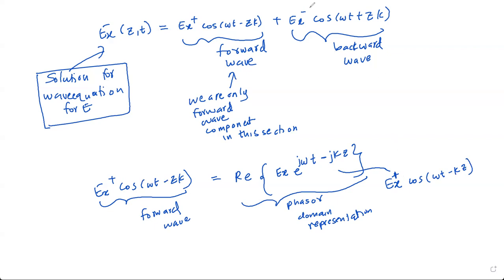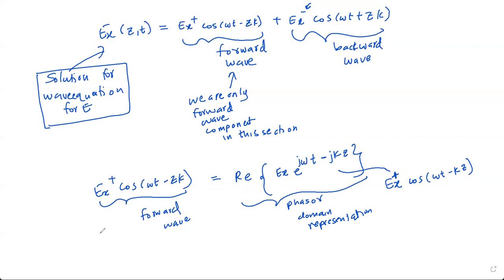In here, I would put the minus sign if the wave were going in the backward direction. So I add this plus sign to show that it is the forward going wave component. We use this phasor domain representation to denote one component of the electric field, the forward wave component.